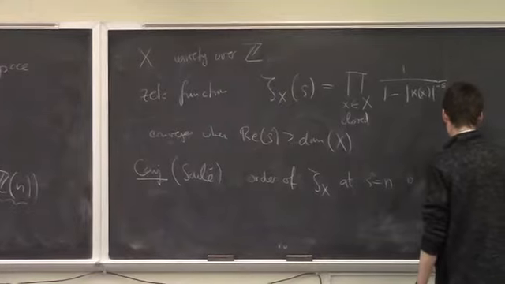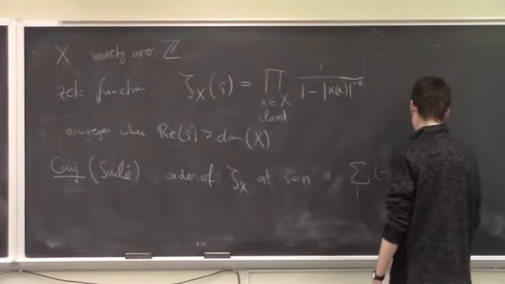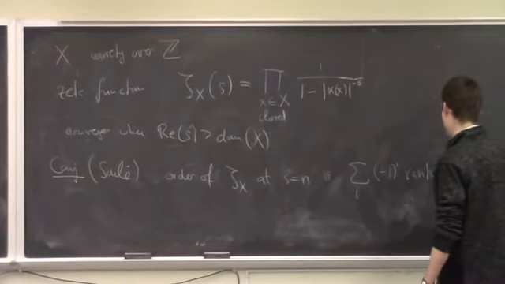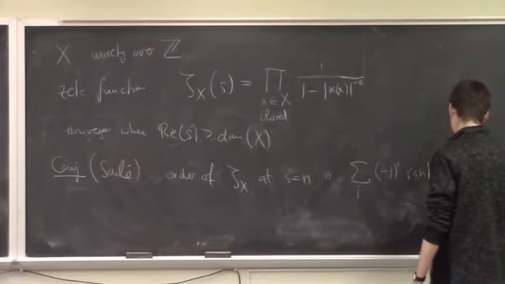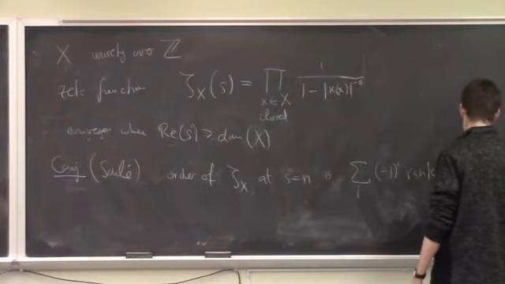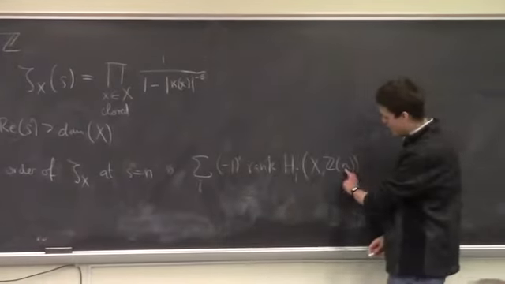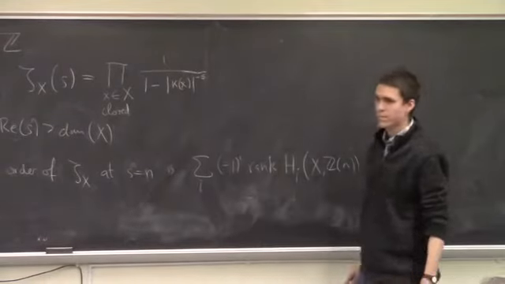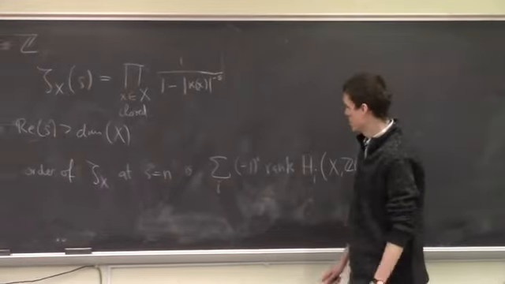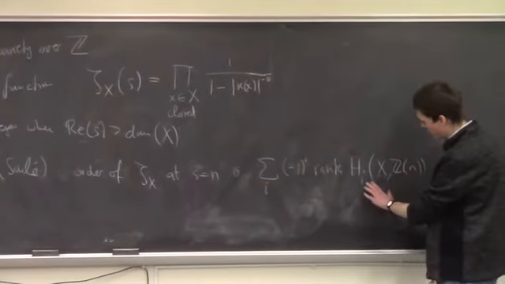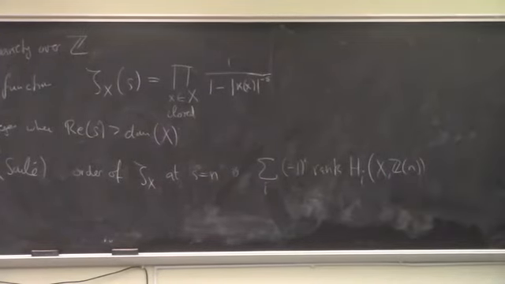alternating sum of ranks of Motivic homology groups of X. Right, so the n that is here is the same as here. Yeah, so this is Motivic homology, which is a variant.